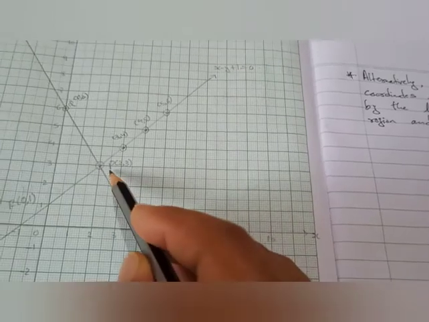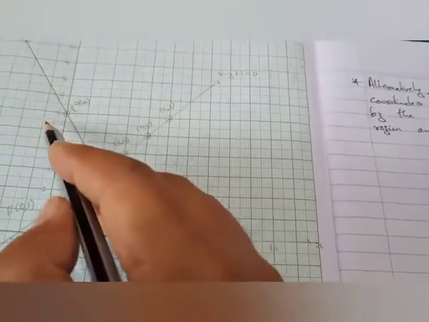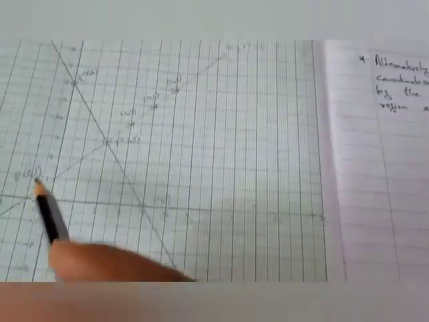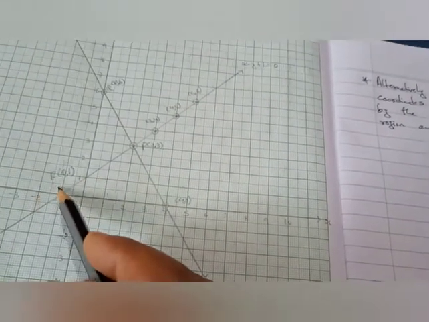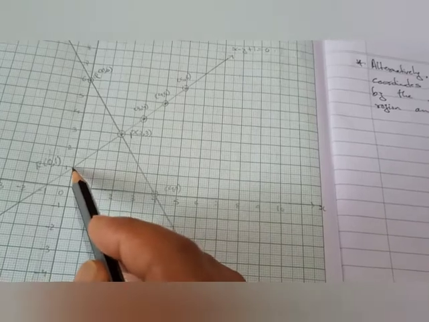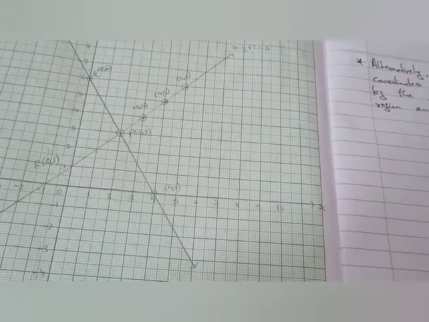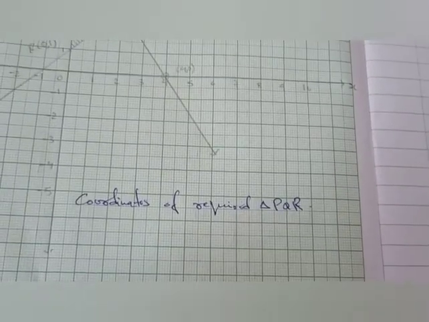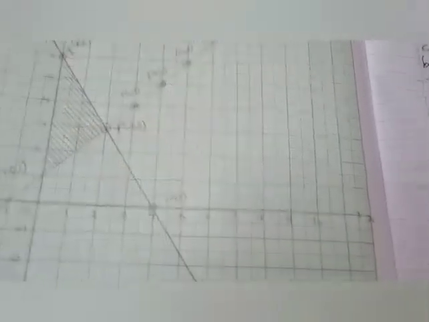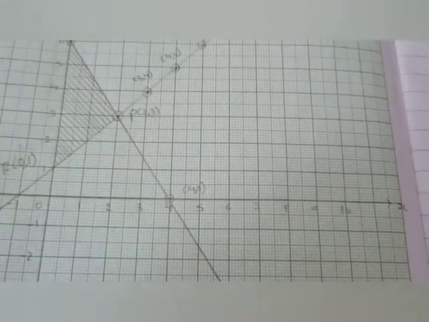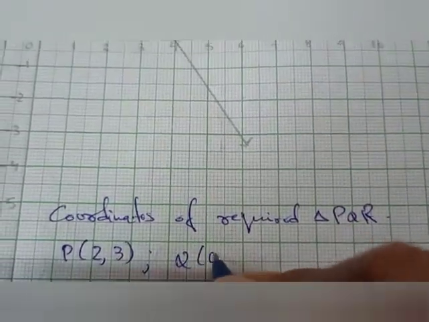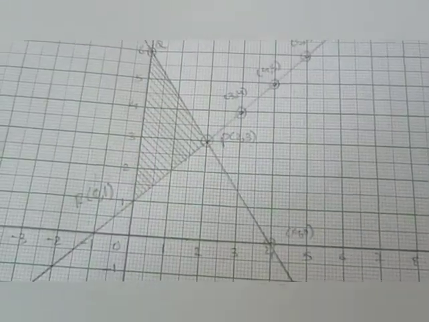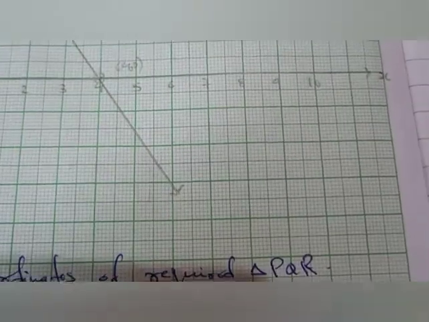So let's name it: P is (2, 3), Q is (0, 6), and this one will be our third vertex, R, (0, 1), which is on the y-axis only. So let's shade the triangle. Coordinates of the required triangle PQR are P (2, 3), Q (0, 6), and R (0, 1).